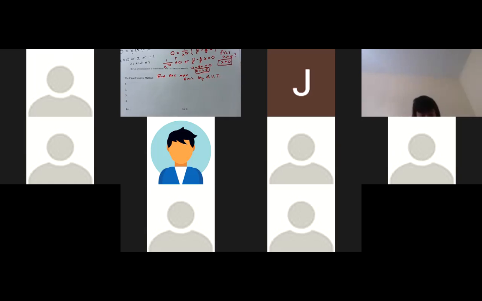Okay, so what do we do? Again, we're finding absolute max and mins on a closed interval. If you do not have a closed interval, you can't use this. It has to be a closed interval, and it also has to be continuous because we're using the EVT.